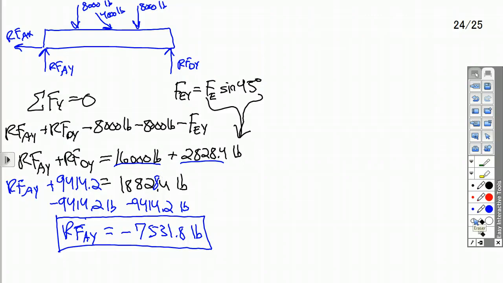So if I subtract that, let's try this again, minus 9414.2, I should have gotten a negative 9414.2. There we go. That's better. We're all human. Sorry about that. Okay, so now I have RFAX. I got that in the previous slide. I have RFAY. I have RFDY. And I am all set and ready to go.